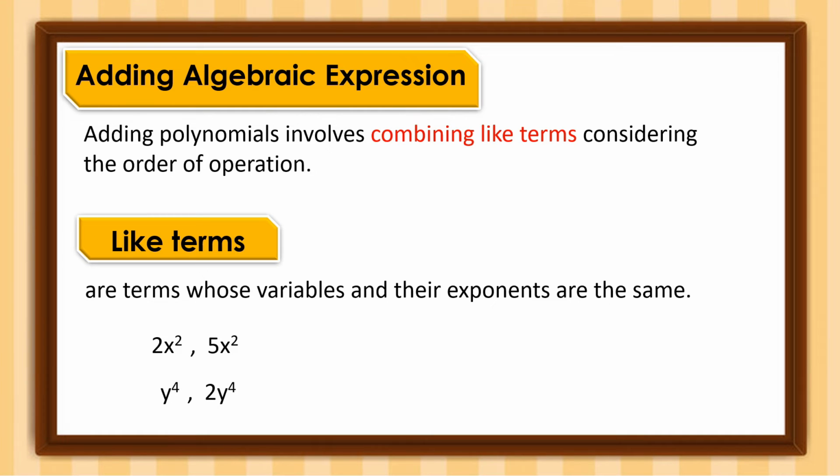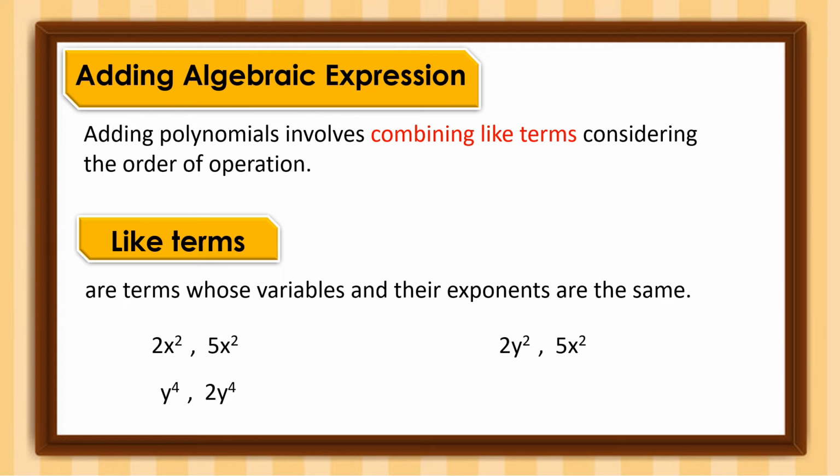Another one is y raised to 4 and 2y raised to 4. The variables are the same and the exponent is also the same. So an example of unlike terms is this: 2y squared and 5x squared, wherein even though their exponents are the same, they are both squared, the variables are not the same.